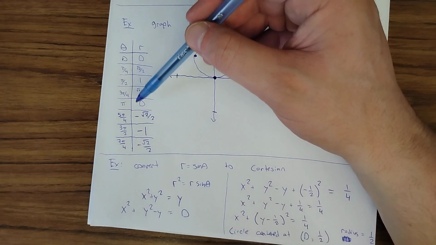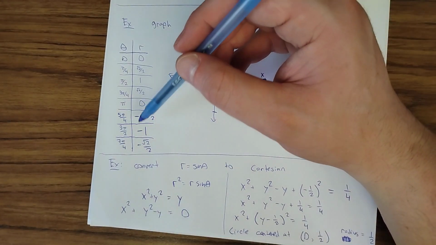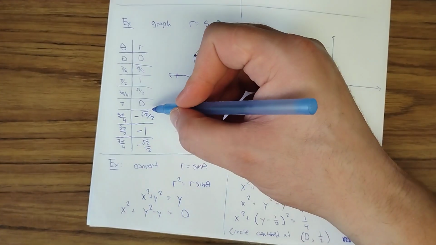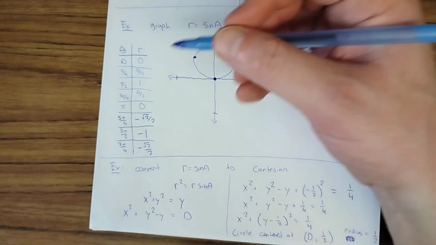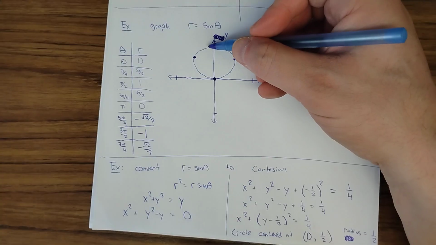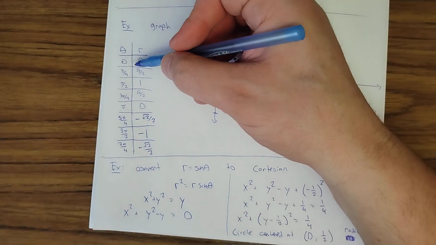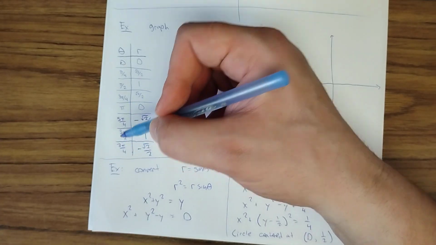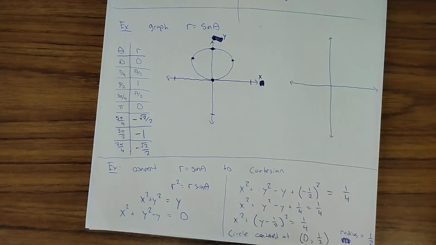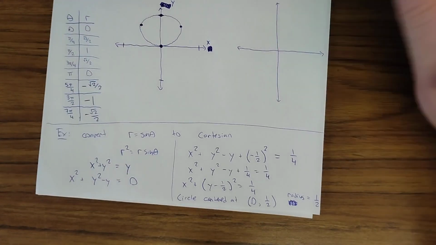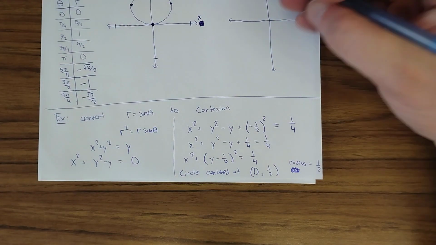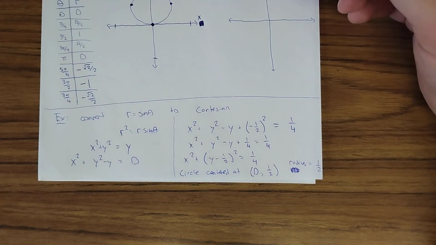Like when we plotted these points, we had to consider negative values of r, and for us it wasn't that weird because we found that the negative values of r were just sort of retracing what we already drew, from 0 to pi, and then when we kept going past pi, it was just retracing what we already drew. Also, this is an equation that has a nice description as a circle in Cartesian coordinates.